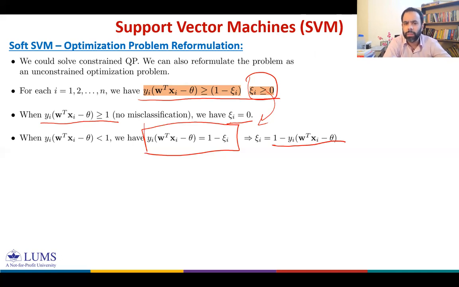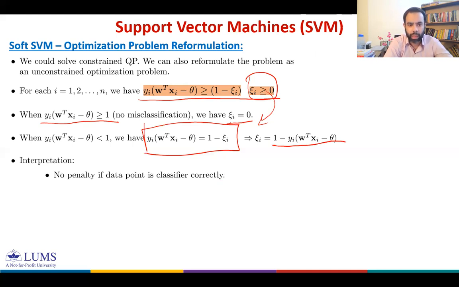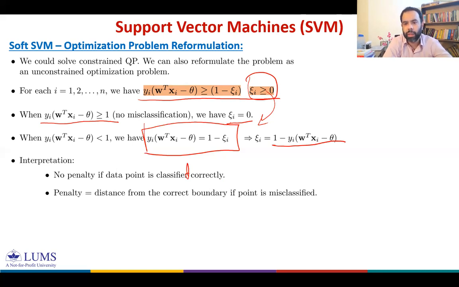Can we combine these two? Let's interpret it first. No penalty if the data point is classified correctly, and distance from the correct boundary if the point is misclassified.